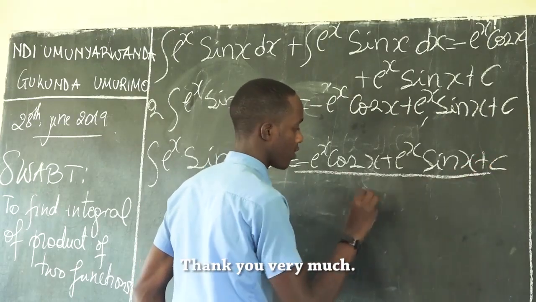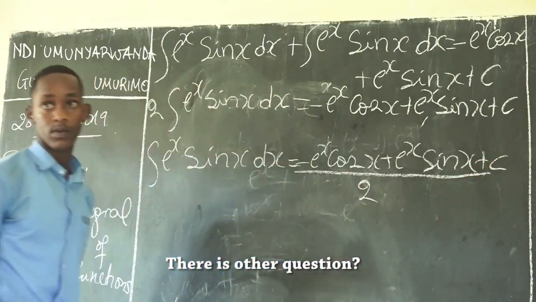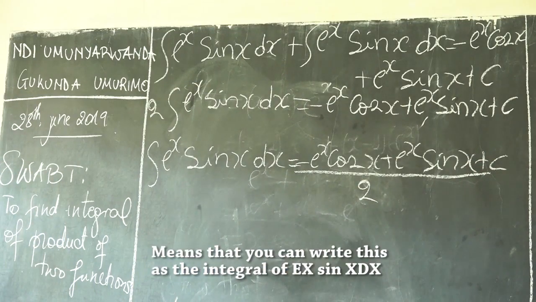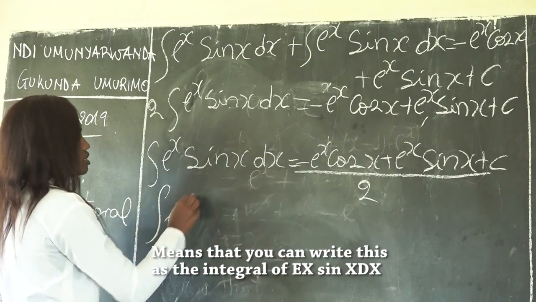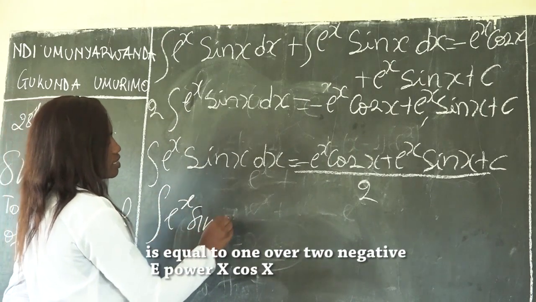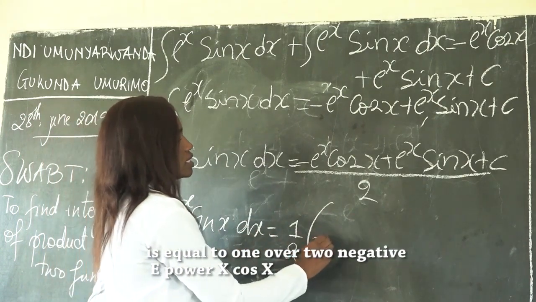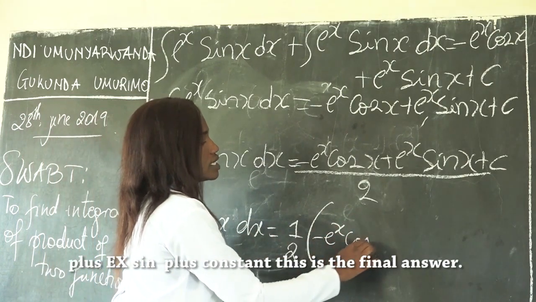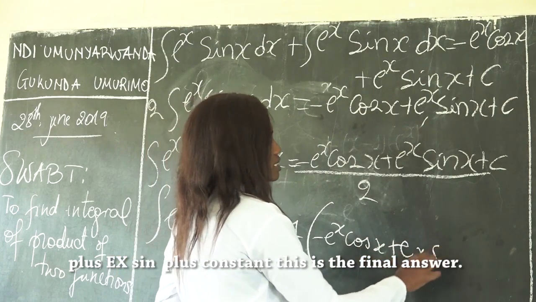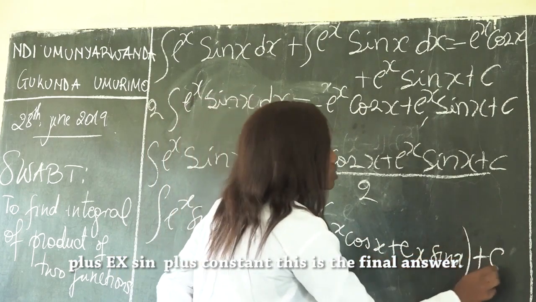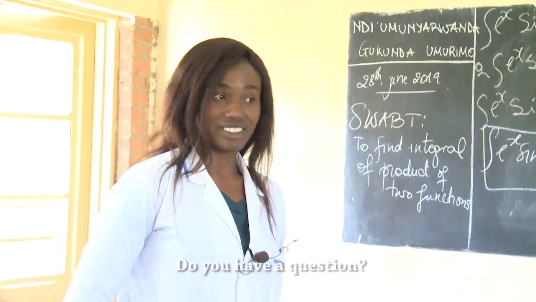Yes, it's correct. Thank you very much. Is there another question? It means that we can write the integral of e^x sin x dx as equal to 1 over 2 times negative e power x cosine x plus e^x sin x plus constant. This is the final answer. Do you have a question?